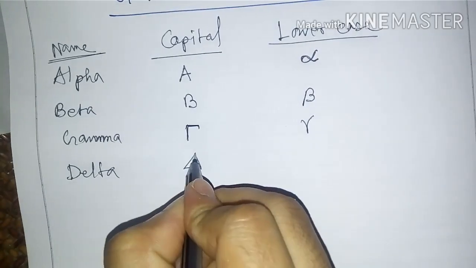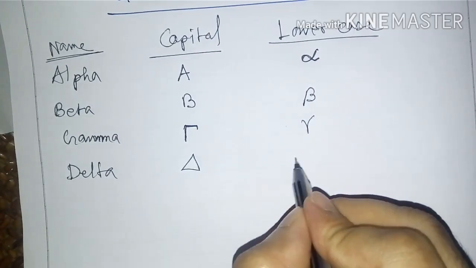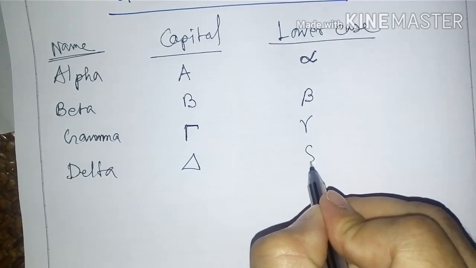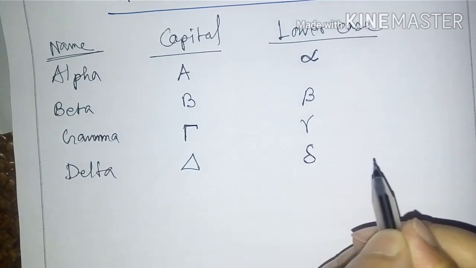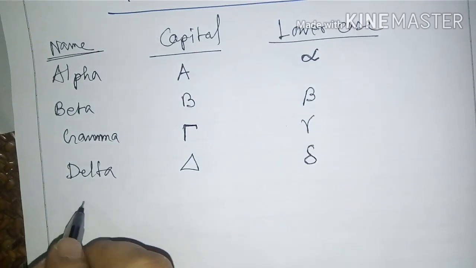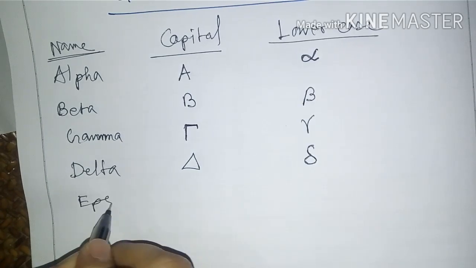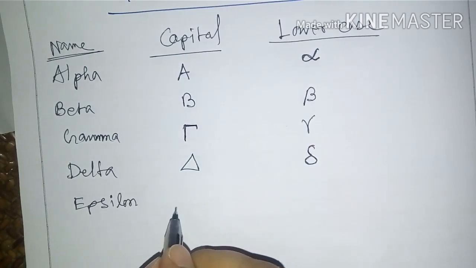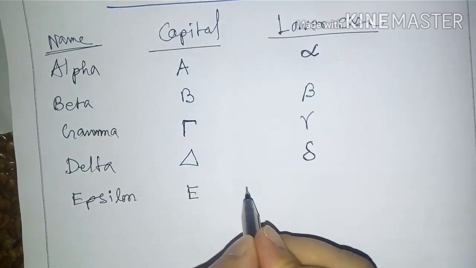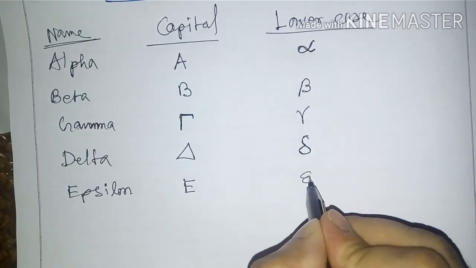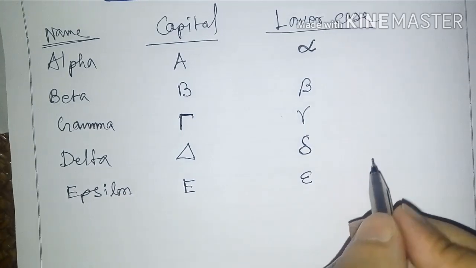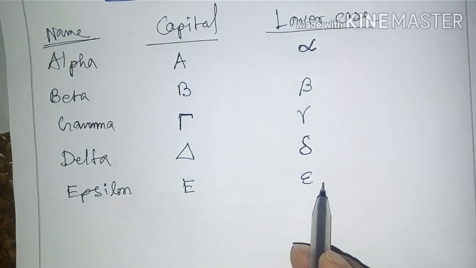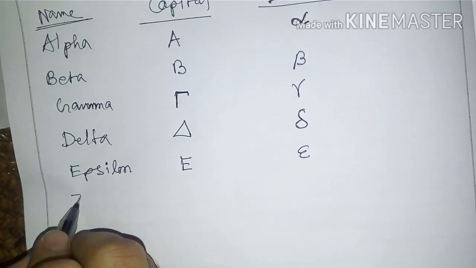Delta is like a triangle shape. This is the capital letter and this one is the small letter. After that is epsilon, with capital E like this, and the small one like this. Then zeta.